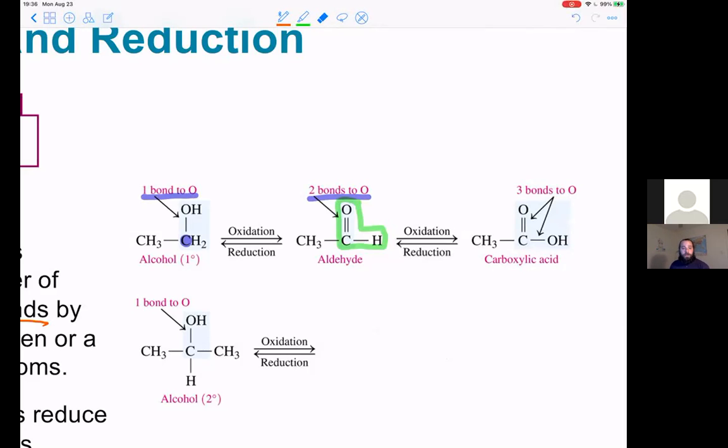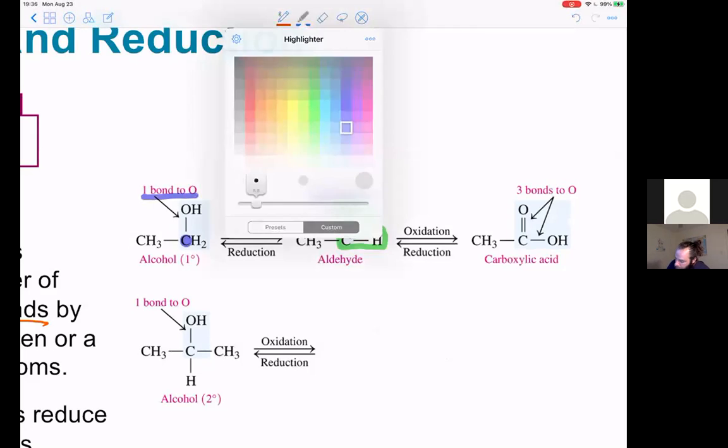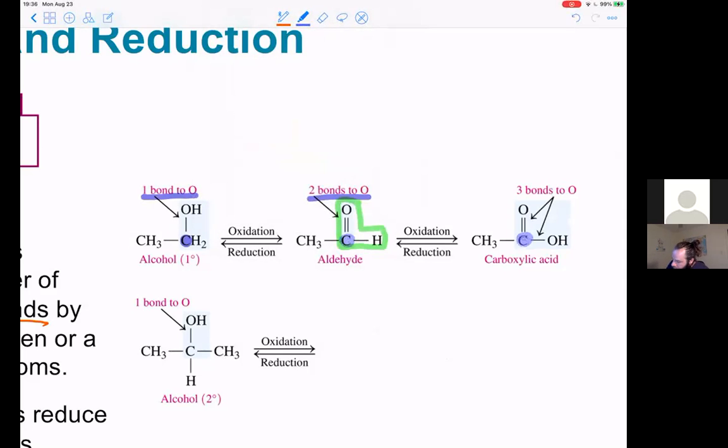This is what we call a carboxylic acid. Okay. Importantly, though, when I'm oxidizing, I'm increasing the number of carbon-oxygen bonds on this same carbon, right? So I go from 1 in my primary alcohol, 2 in my aldehyde, to 3 in my carboxylic acid. If I have a secondary alcohol, again, when I oxidize, I'm increasing the number of carbon-oxygen bonds.